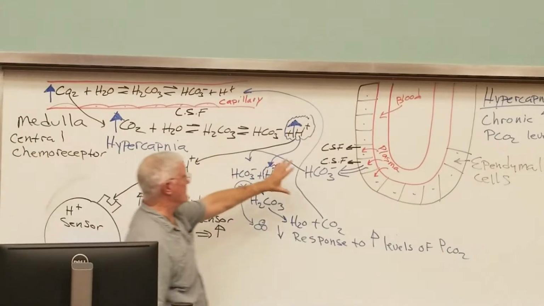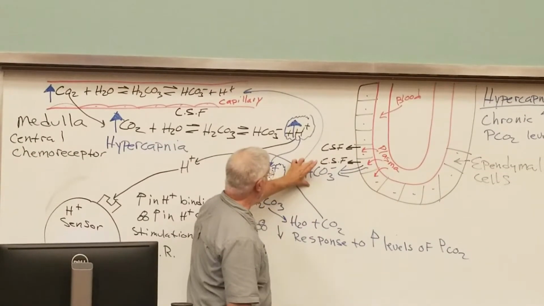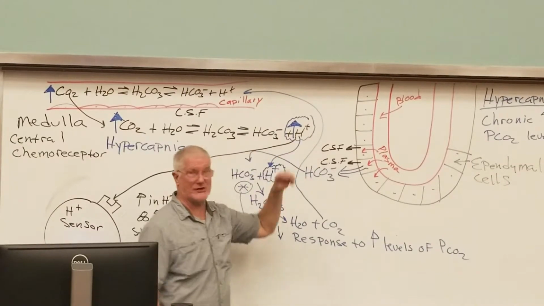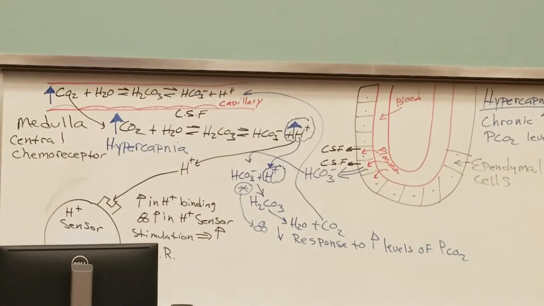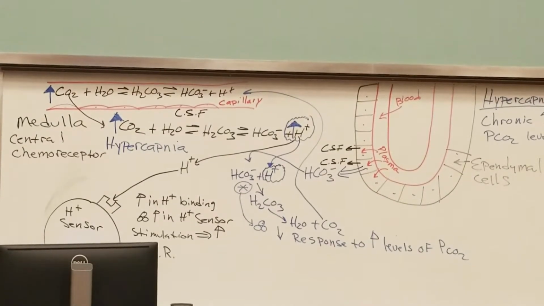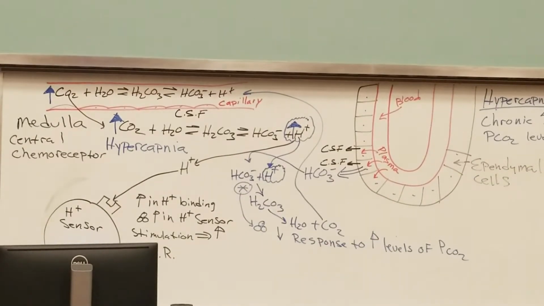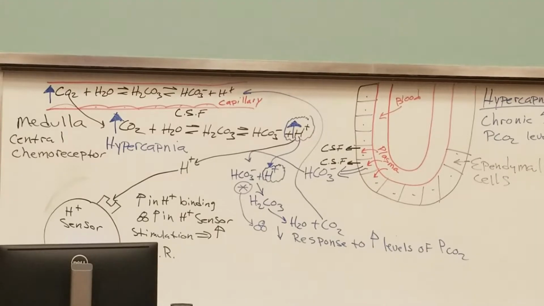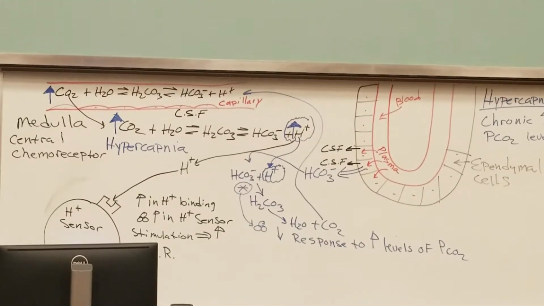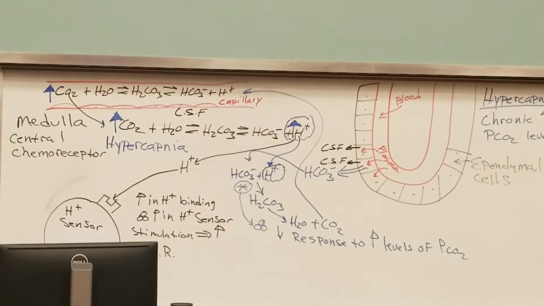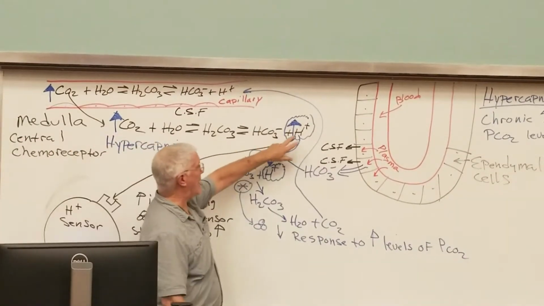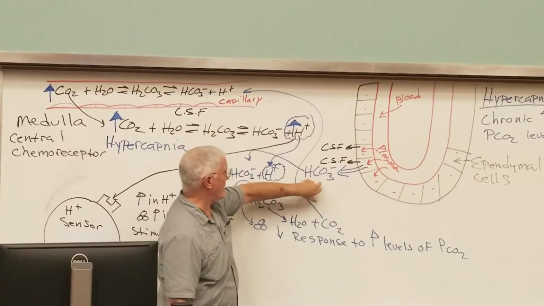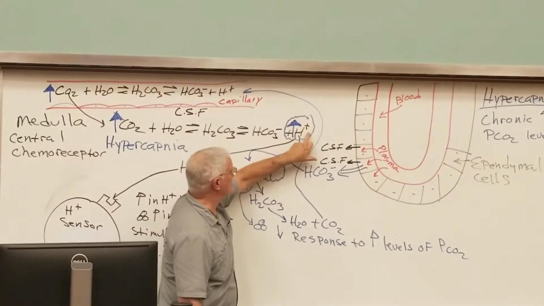So the ependymal cells start to produce a bicarbonate ion because now you have a higher concentration of hydrogen ions, which lowers your pH. And anytime you think about lowering pH, you're thinking acidic. Anytime you think about being acidic, think about enzymes, which are made of proteins, denaturing and not able to do their jobs. So we need to make sure we don't have a drop in pH. So the bicarbonate could hook up to the hydrogen ions.